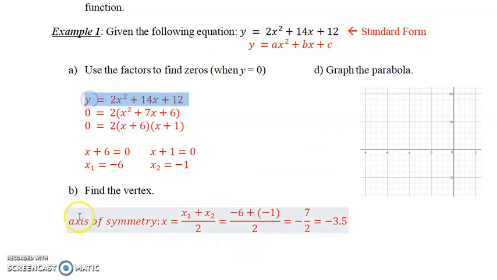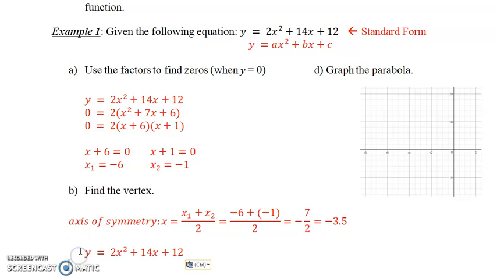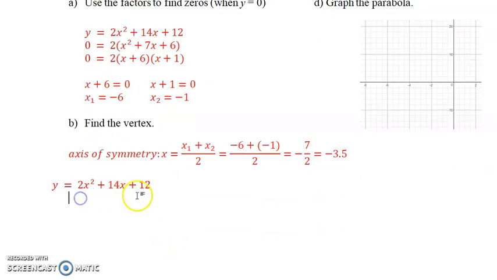I'll get my original. To get the y value for the vertex, just take the equation and plug in my x value of negative 3.5. Squared, 14 multiplied by negative 3.5.